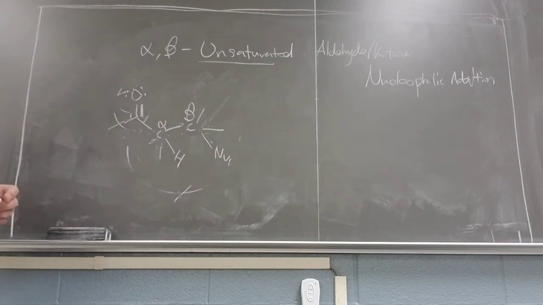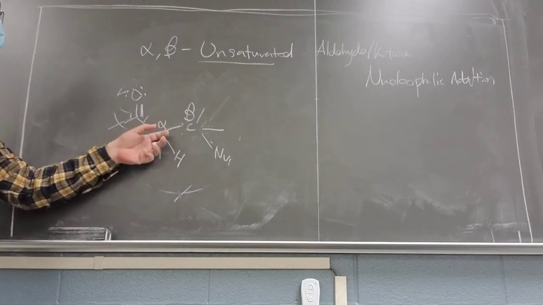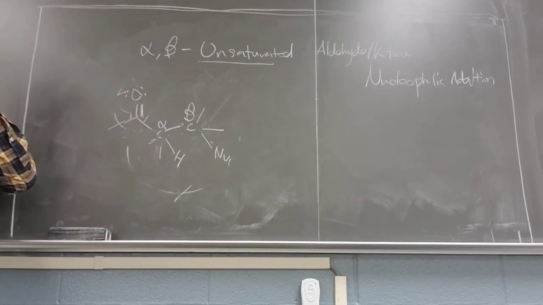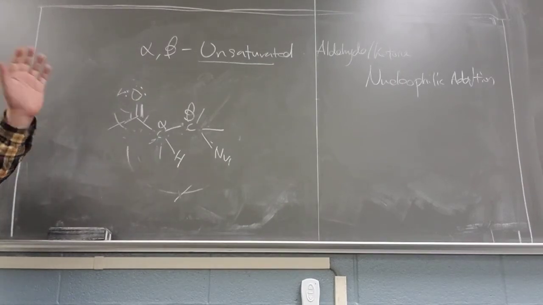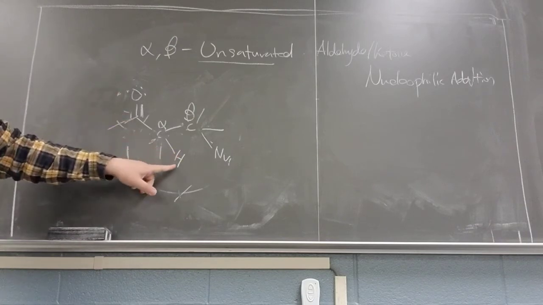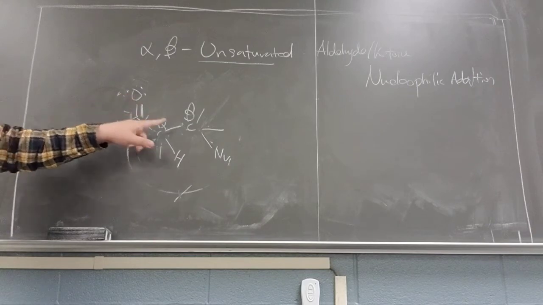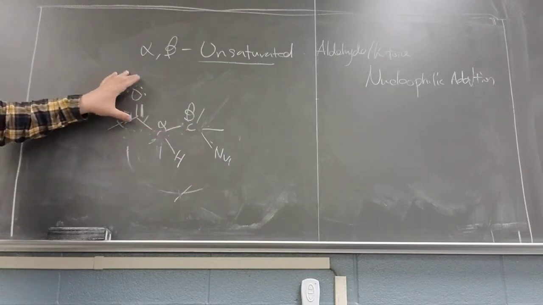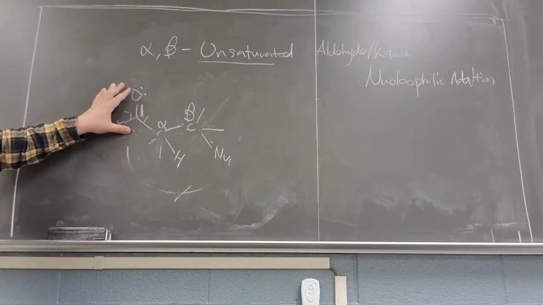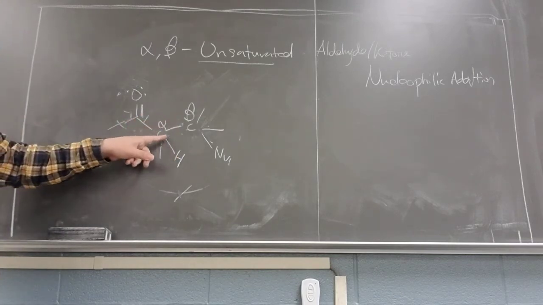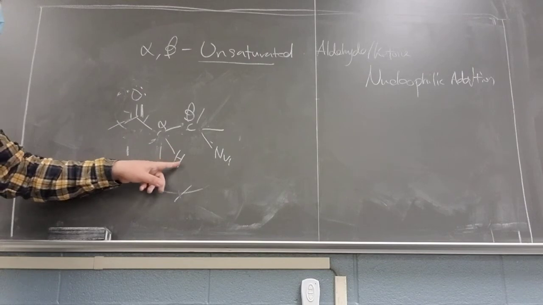In this case, you are going to have addition on these two carbons, alpha and beta. Sometimes people call this the 1,4 addition because, as you saw, the hydrogen initially captured by the oxygen is position 1, 2, 3, 4, so 1,4. But eventually they want to keep the stable carbonyl group again. That makes the alpha carbon a carbanion, then the lone pair grabs the proton, so it will be addition on these two.